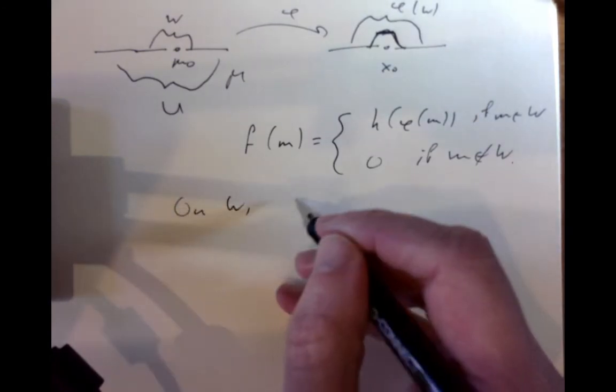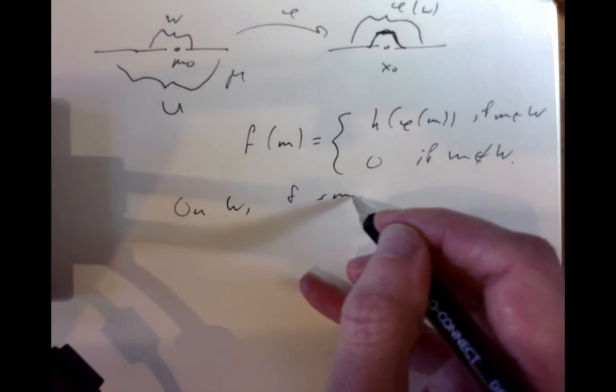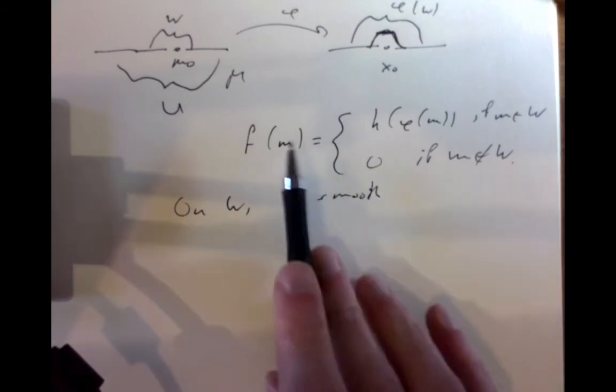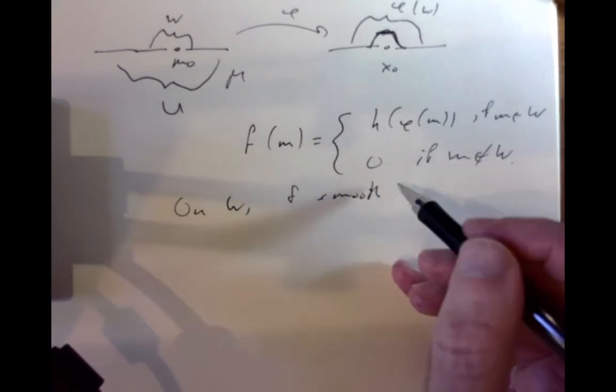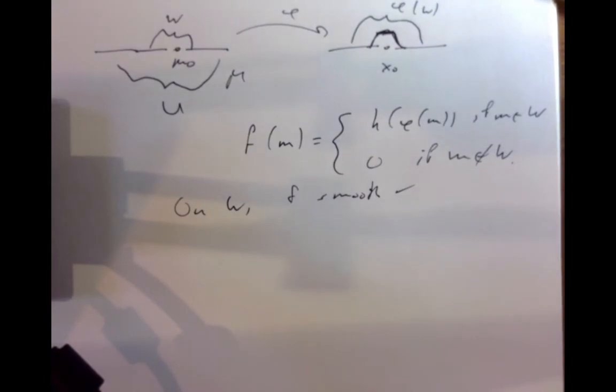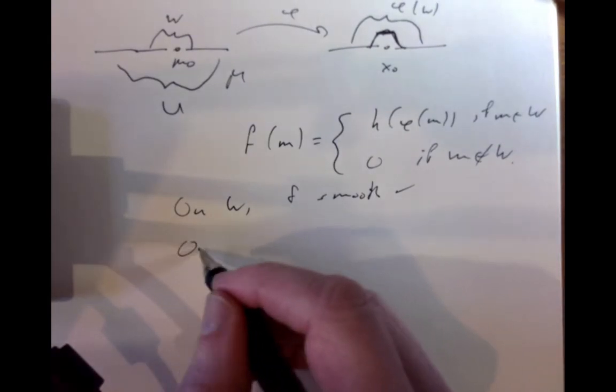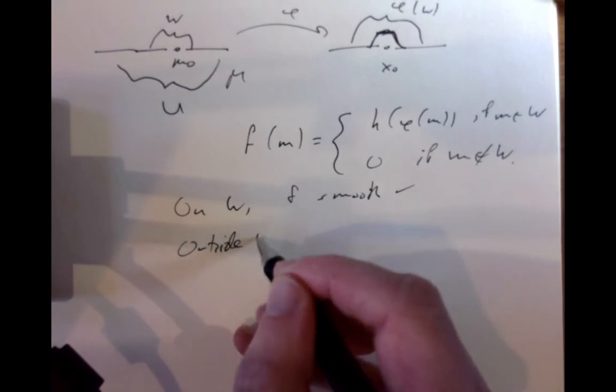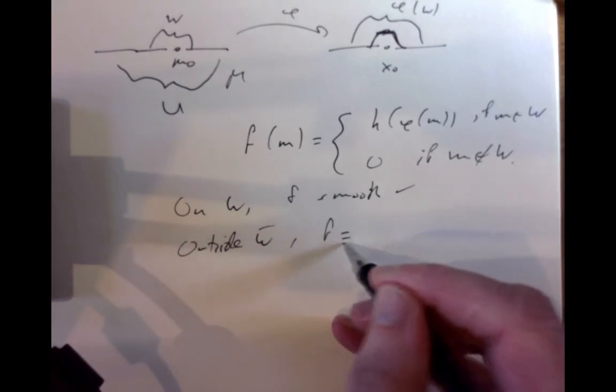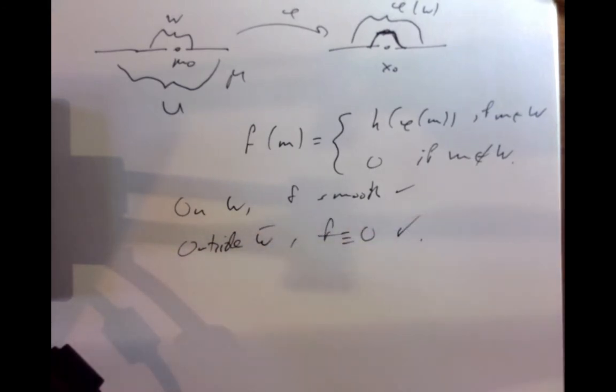On W, f is smooth because f is identified with h by phi, and so it's fine. If we go outside W, let's say outside W bar, then f is everywhere 0, and so it's smooth because in any chart it's going to simply be 0.